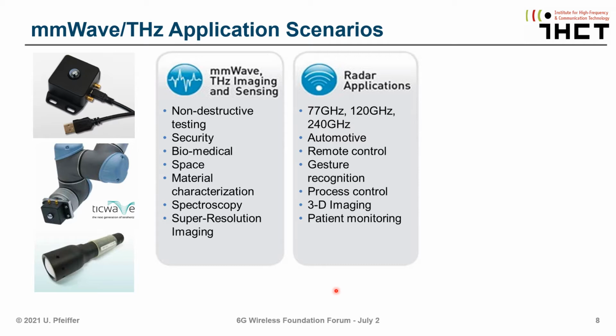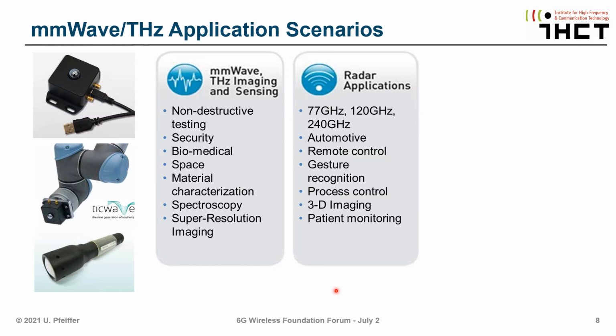There are also more industrially relevant applications that are related to radar. At 77 gigahertz we've seen automotive applications, and 120 gigahertz, 240 gigahertz gives us better resolution, for instance. Spatial and range resolution is important here.